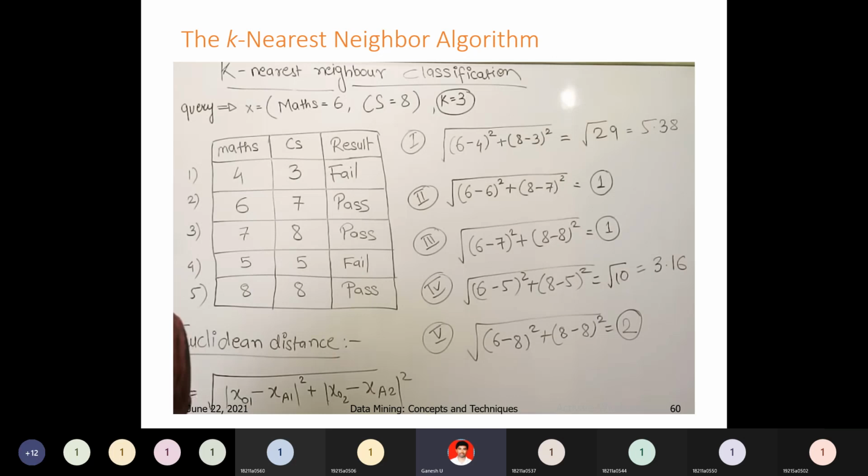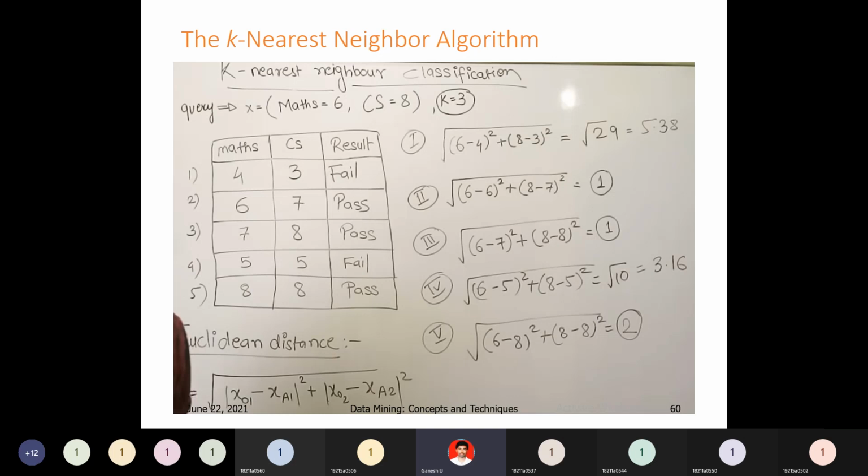Here xa1, xa2 are the values for each and every other element we are taking now. The xo values are the query point, for which student we have to find out.